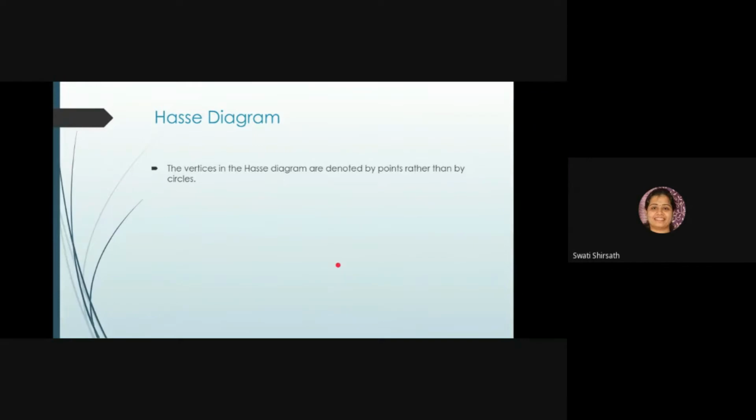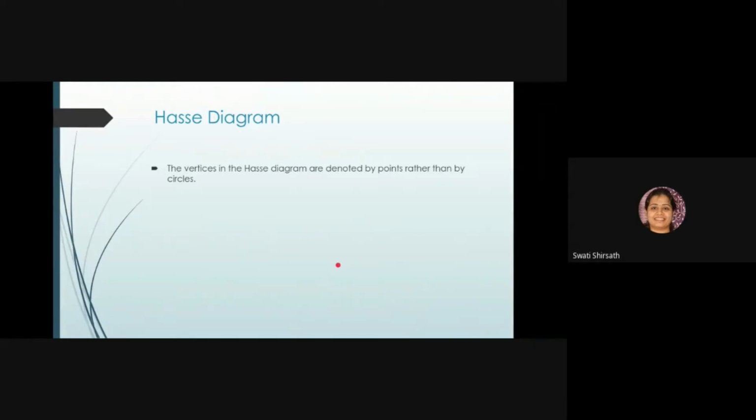The next concept is the Hasse diagram. For normal relations, we have drawn digraphs. For a partial ordering relation, as I have told you, there are three types of relations: less than equal to, greater than equal to, and divides. So here we need to follow some hierarchy.